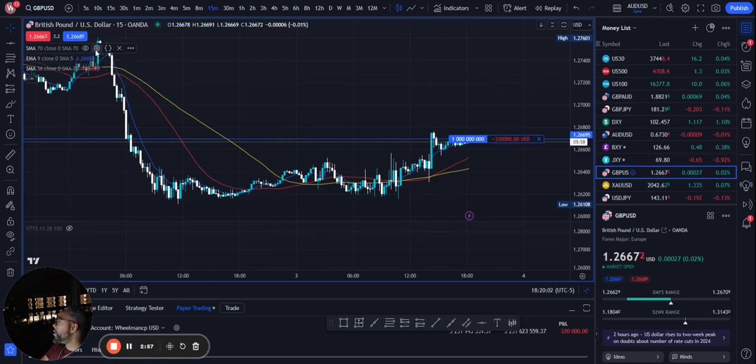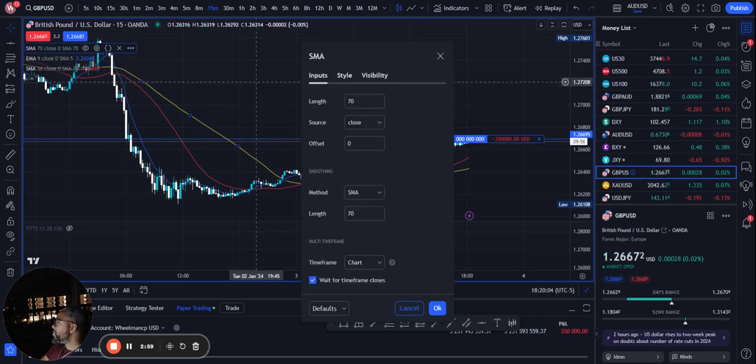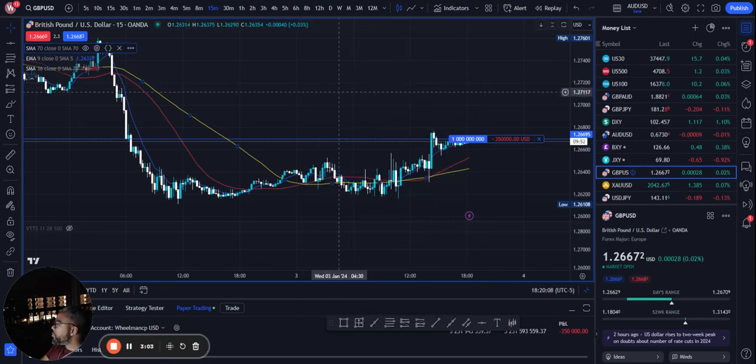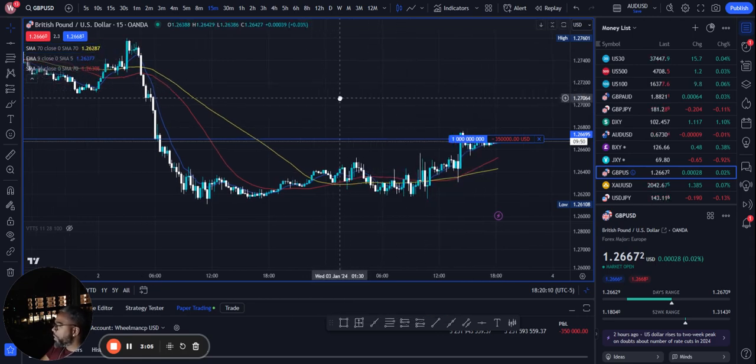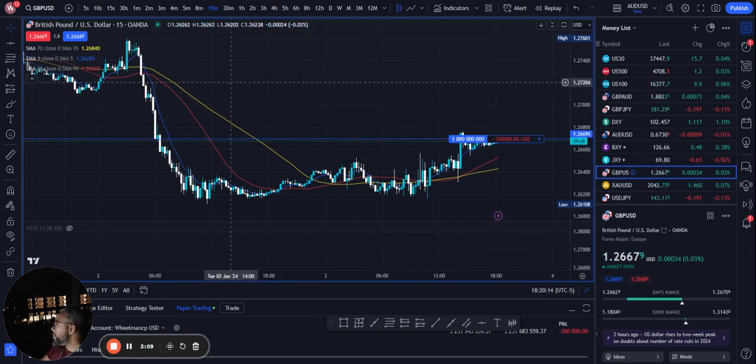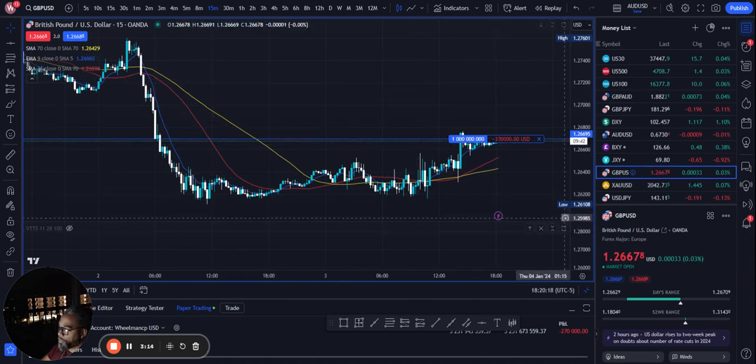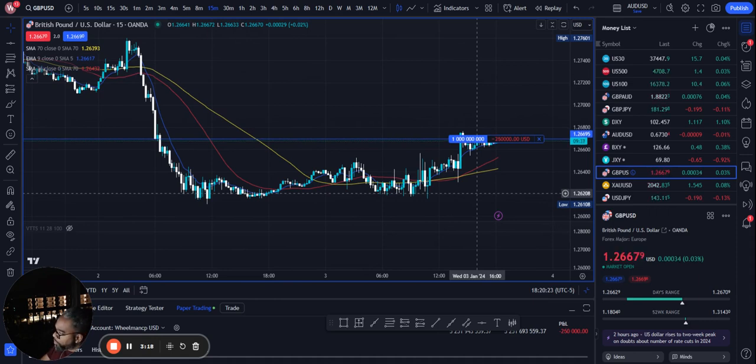Then we have our moving averages. The moving averages can be used to help you determine where you are in a trend and where price is going. I use a handful of different moving averages for different reasons, but you can see a 9, a 36, and a 70, and each one has a specific purpose. The moving average calculates the previous number of candles.